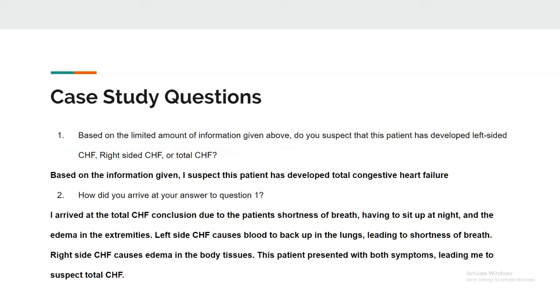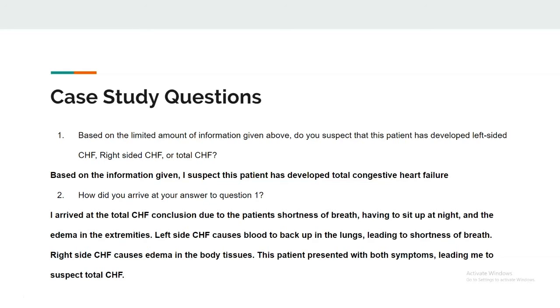Based on the limited amount of information given above, do you suspect that this patient has developed left-sided, right-sided, or total congestive heart failure? Based on the information given during the case study, I suspected that the patient had developed total congestive heart failure, because in the reports she had very high blood pressure, swollen ankles and swollen wrists.